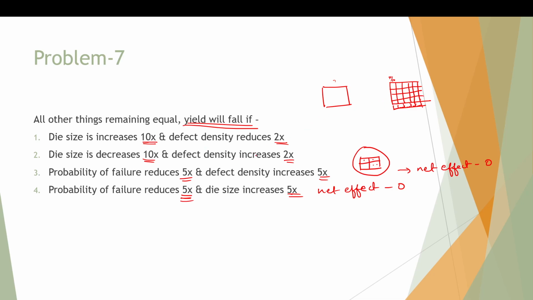So and defect density is increasing twice. Say it had some 5 defects, 3, 4, 5. Let us say 3 defects. Okay. So now there will be these 3 defects here in those. So now die size has decreased 10 times, defect density increased twice. However, the yield has increased a lot more times.